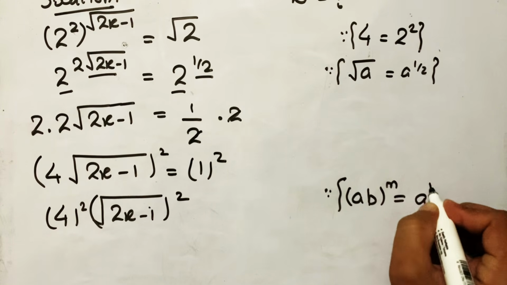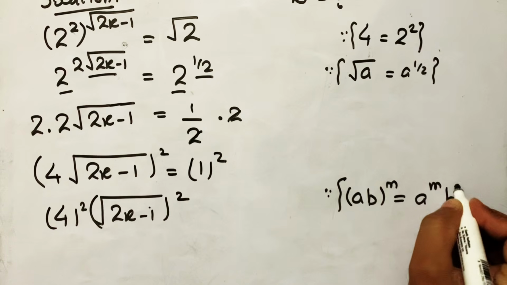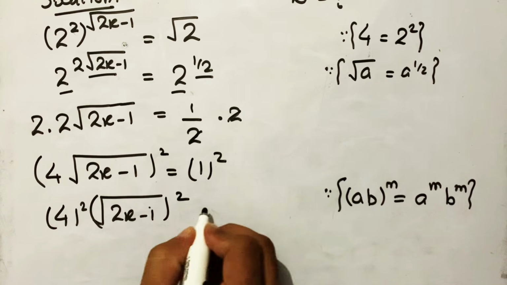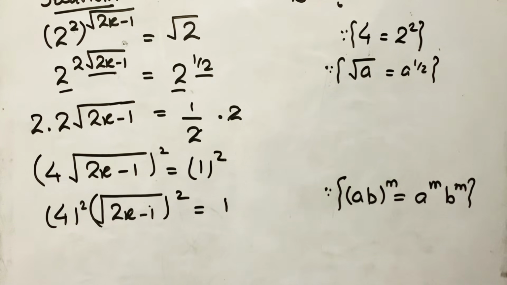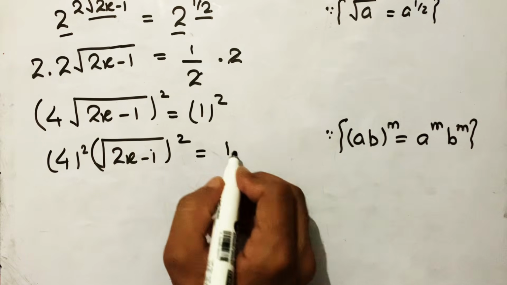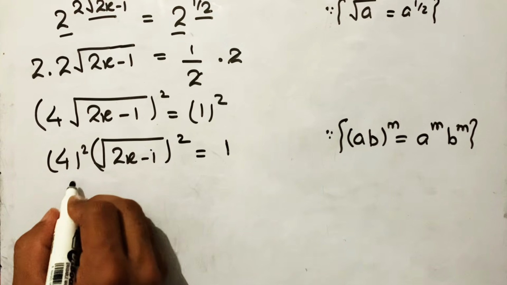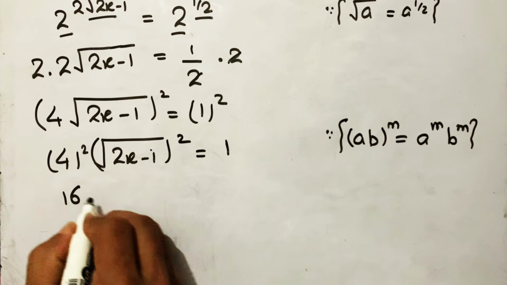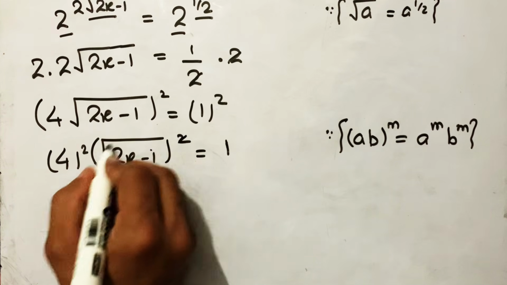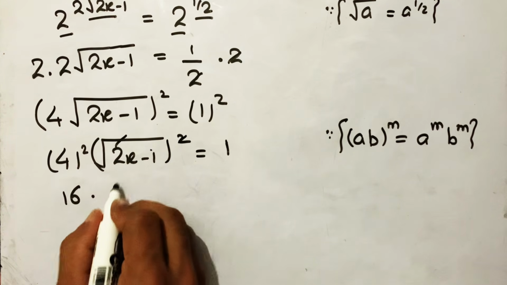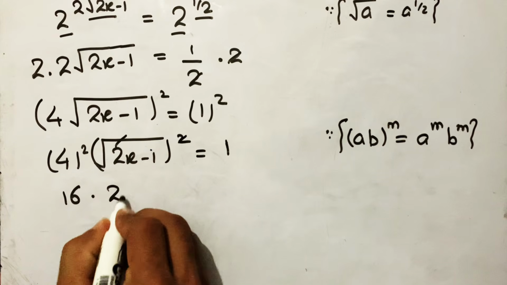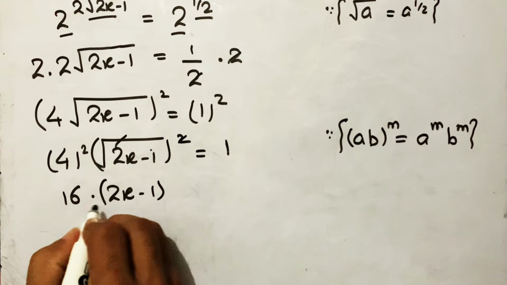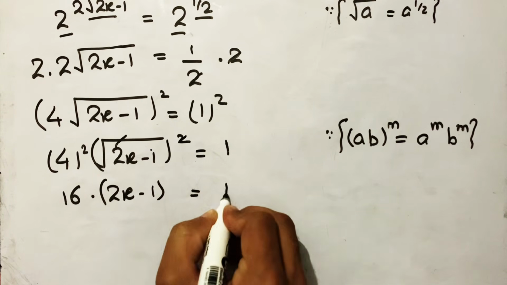Both have the same power, so the right side is 1 squared, which is 1. 4 squared means 16, and the square and square root eliminate each other, so 16 times 2x minus 1 is equal to 1.